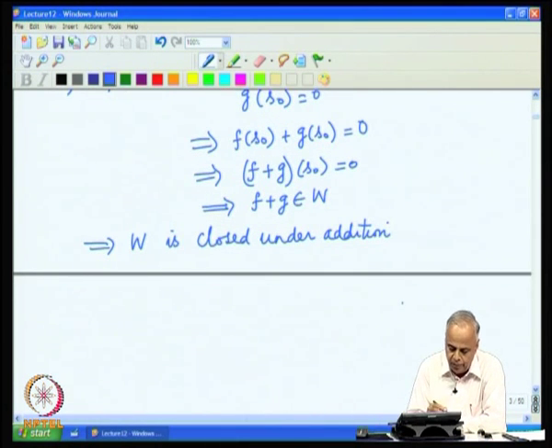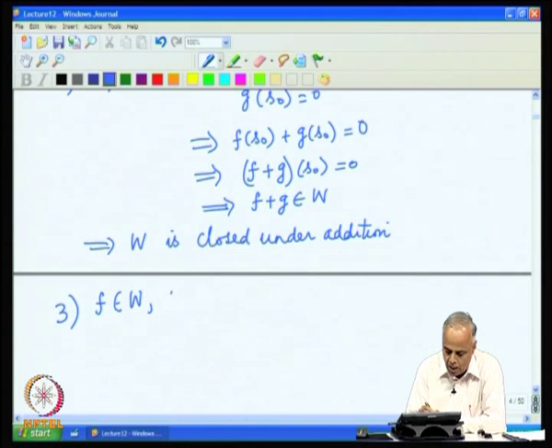The next thing we have to verify is that W is closed under scalar multiplication. So, suppose we have a function f in W and alpha is any scalar.